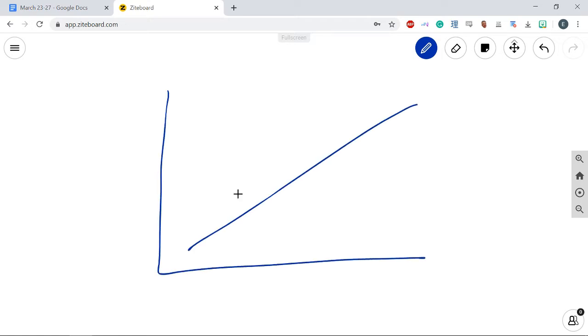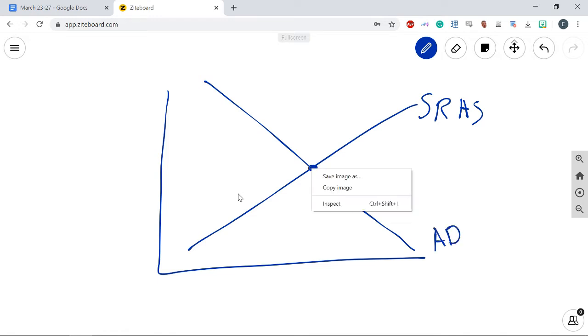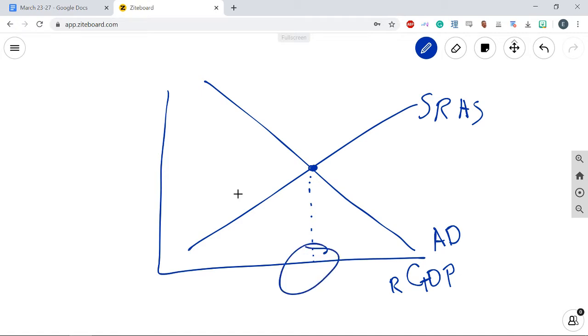So for example, wherever these two meet, and remember, output is really a synonym of GDP. So there's the output, which in this case it says label it Y1.